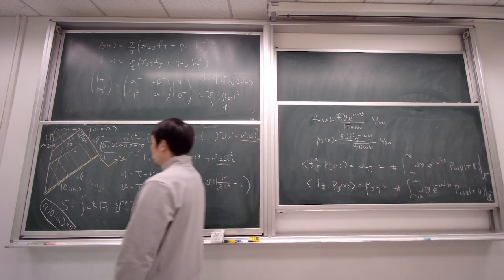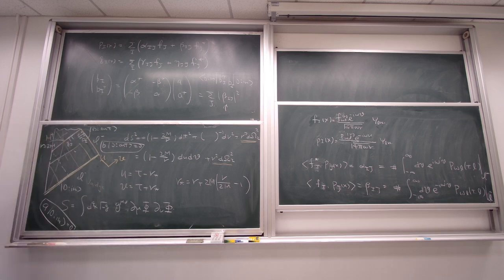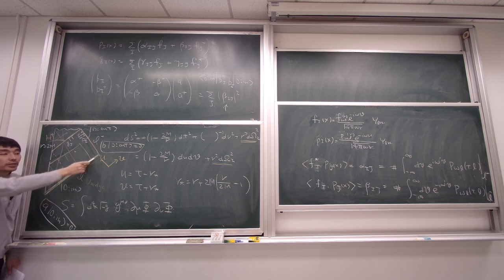Okay, so the inner product is defined for alpha and beta at past infinity here. So the inner product is defined here. So therefore, everything needs to be valid here, at past infinity.